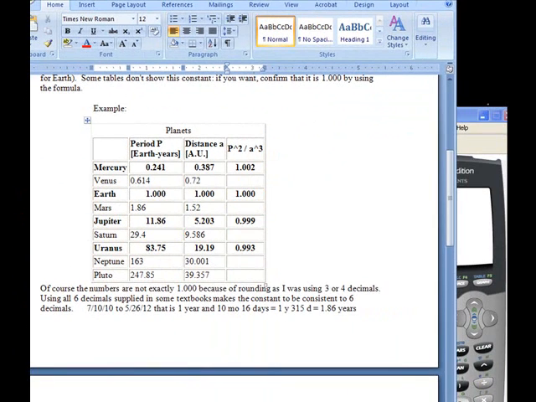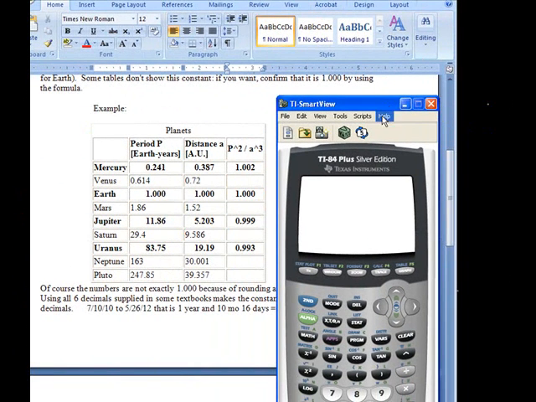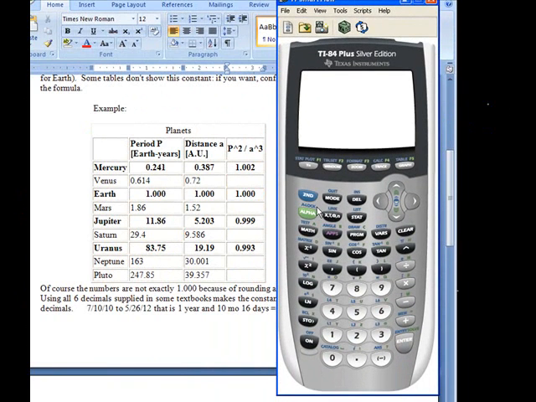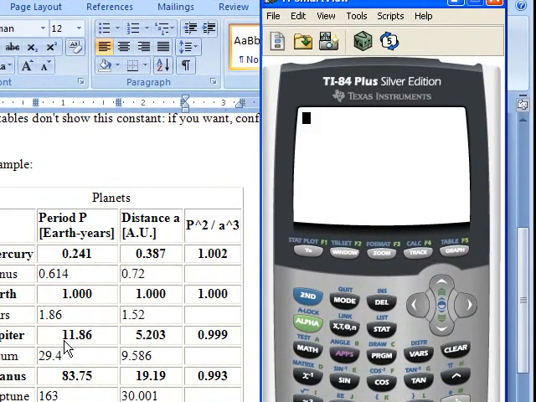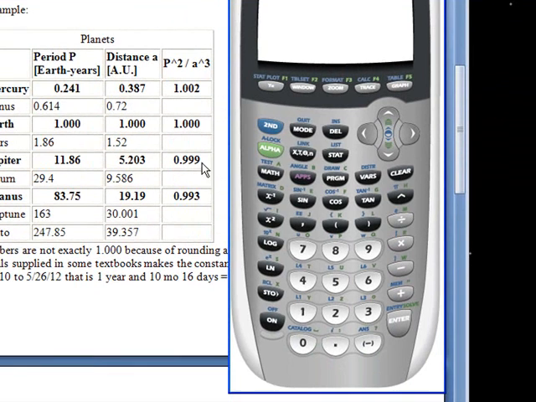Move this one over here, move that one over there. There we go, and I'm gonna type in the numbers hopefully. Okay, I'm not gonna do Mercury again because you can see that in your lab sheet. I'm not gonna do Earth because that's trivial, so let me do Jupiter and Mars as examples.